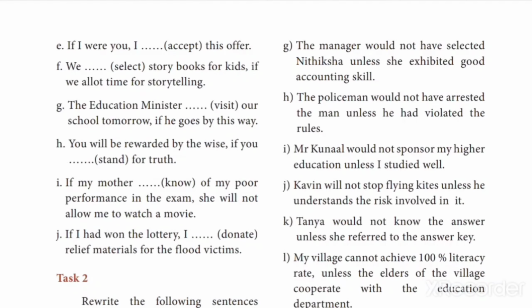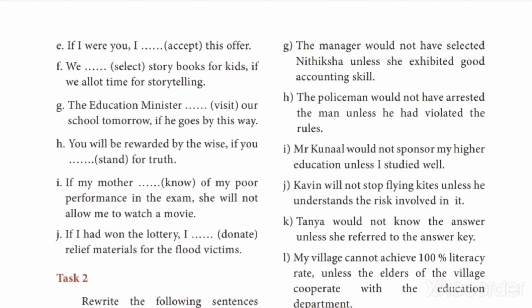Coming to the next one, J. Kavin will not stop flying kites unless he understands the risk involved in it. Here, when we replace unless with if, we have to change the verb understands into a negative one. So, we have to write does not understand.